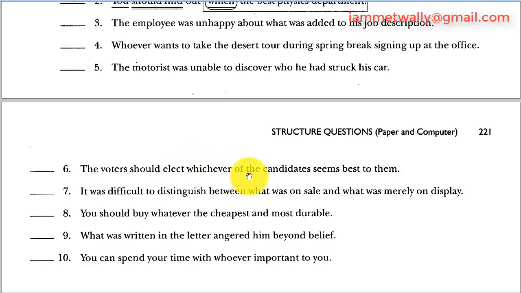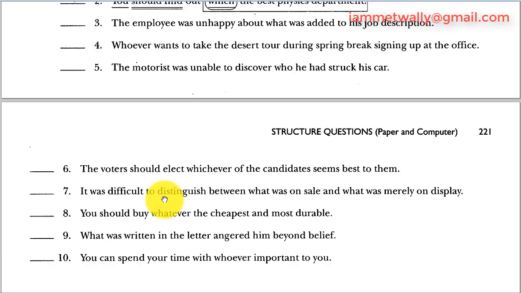As you can see, of the candidates is just an additional prepositional phrase. It doesn't change anything. If you drop it, the sentence would still be correct: whichever seems best to them, no problem. But of the candidates is just a prepositional phrase giving extra information about what kind of people I'm talking about. So 6 is correct.